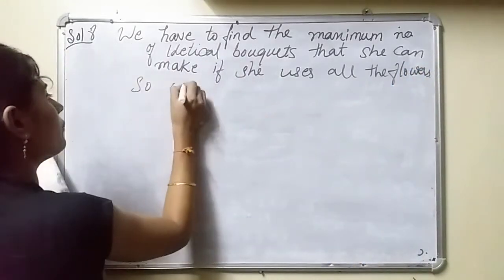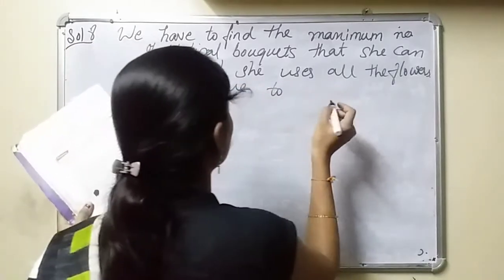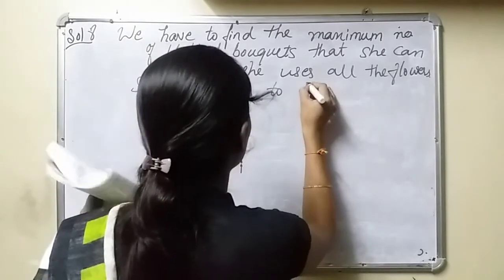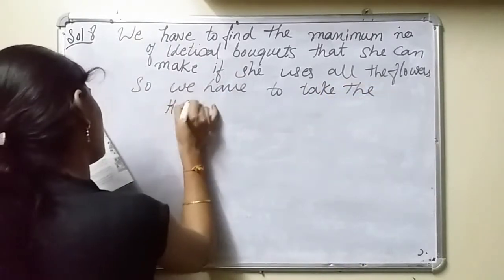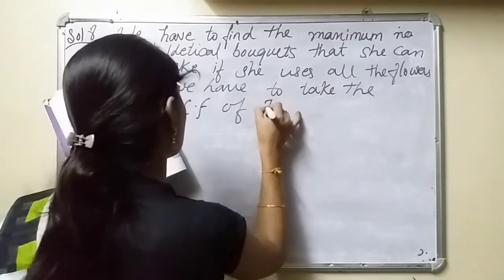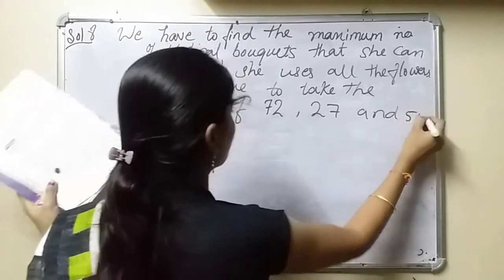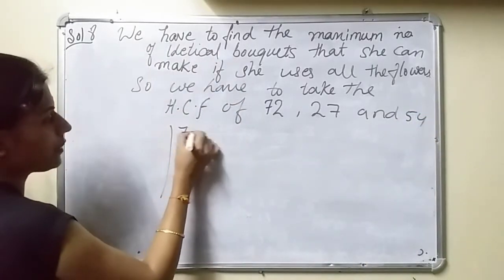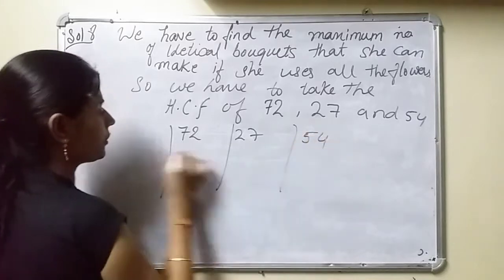So we have to take the HCF of 72, 27 and 54. Take out the HCF of 72, here 27, here 54.